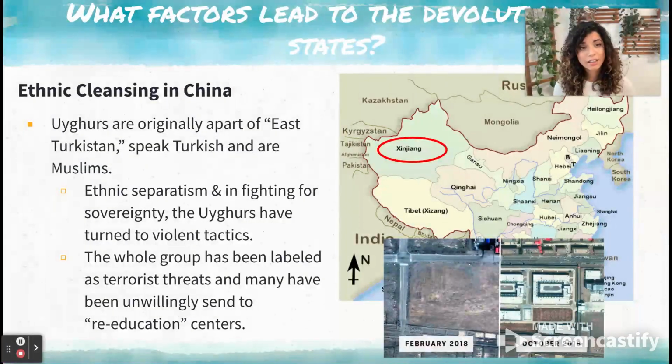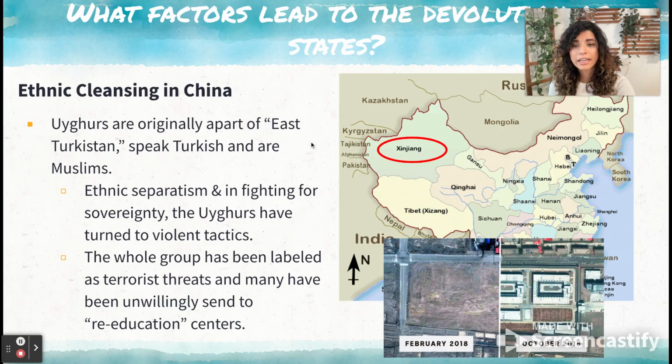In terms of ethnic cleansing, unfortunately, we also see this example in China with the Uyghurs. The Uyghurs used to be part of East Turkestan, and the people in this area traditionally speak Turkish and practice Islam. Ethnic separatism and infighting for sovereignty. Some Uyghurs have felt forced to turn to violent tactics in order to maintain their independence.